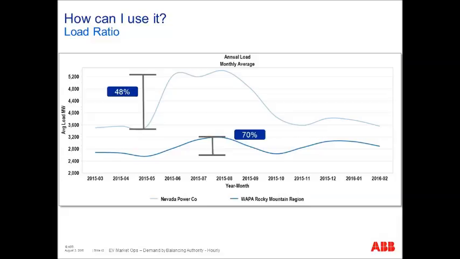What does that mean? It's nice to have those numbers next to them, but what does it mean in real life? Well, in real life, it means that in Nevada, they have to have a different type of generating fuel mix available at any given time. WAPA would be able to satisfy most of their load if they're just running base units with a couple of peakers here and there, maybe some wind, and they'll be fine. In Nevada, that's not going to be the case.